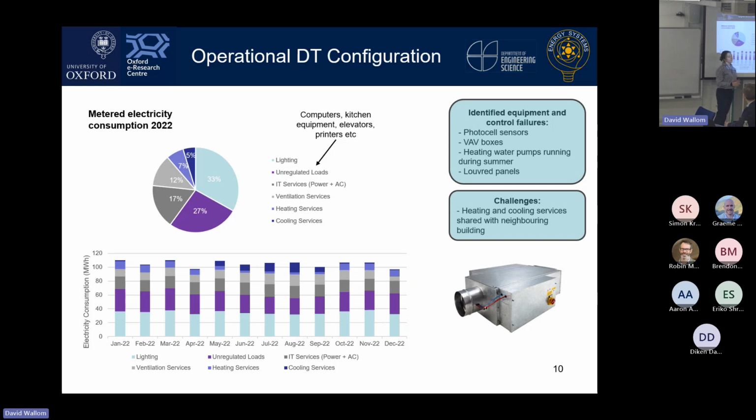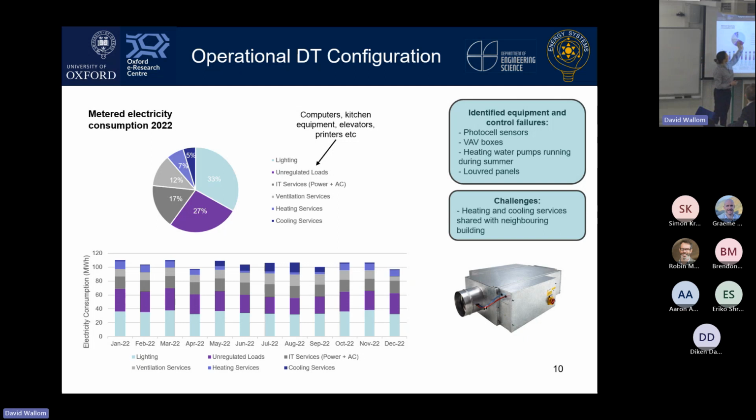The VAV boxes, so variable air volume boxes, these are the boxes that are used to distribute fresh air across the building. Some of them were shut down, so this required mechanical ventilation to be pumped more to provide the same amount of fresh air to the building.